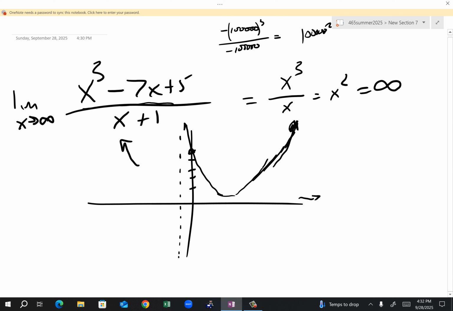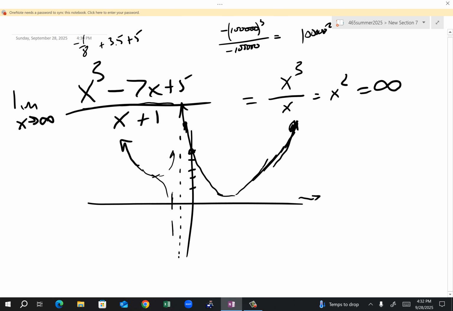If you don't believe me, we'll plug in -1/2. -1/2 cubed is -1/8, and -1/2 times 7 is positive 3.5. Plus 5 is, well, it's up here some more. So we were clearly going to infinity. On this side, my guess is it's going to be doing this or this.